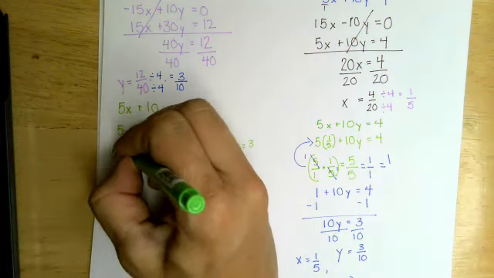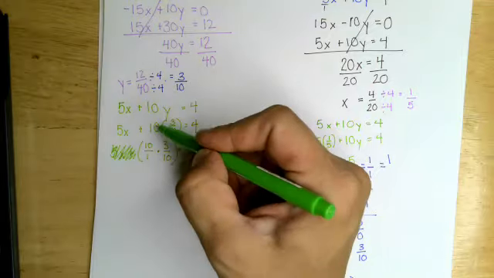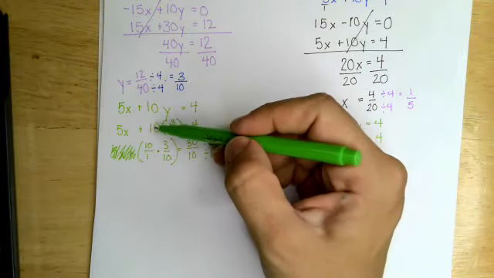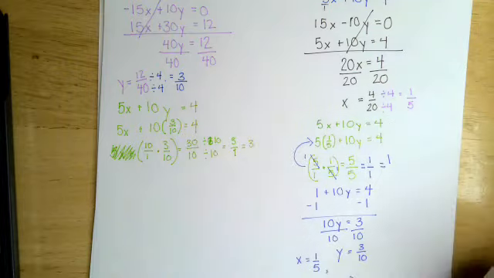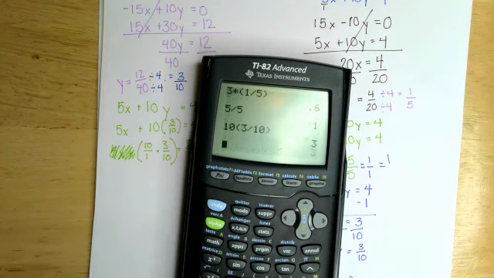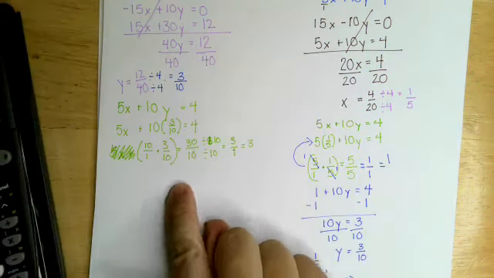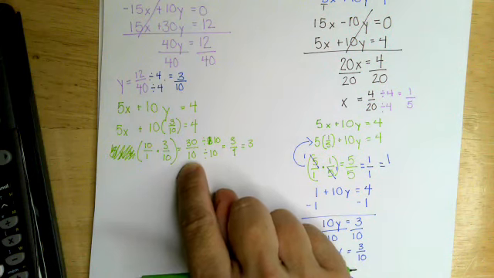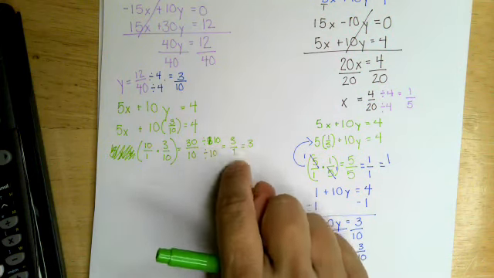Here, and I will erase that. So it's just to multiply 10 times 3 over 10, you end up with 3. 30 over 10, or 3 over 1.